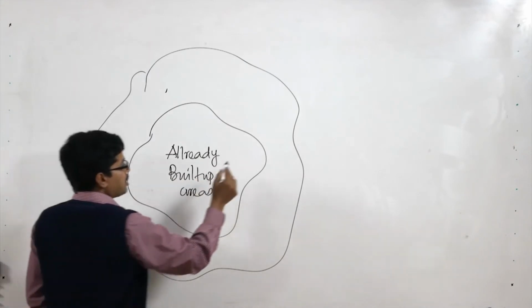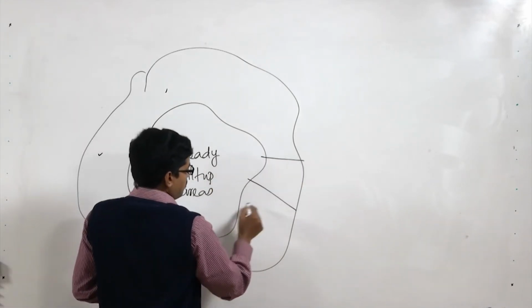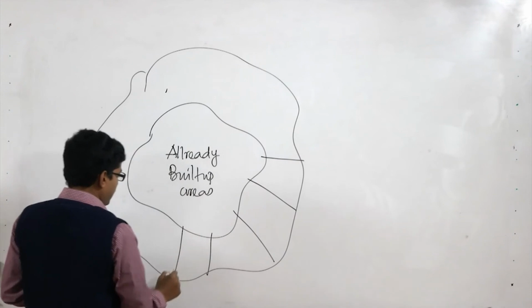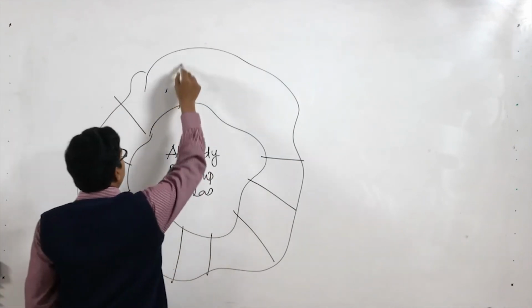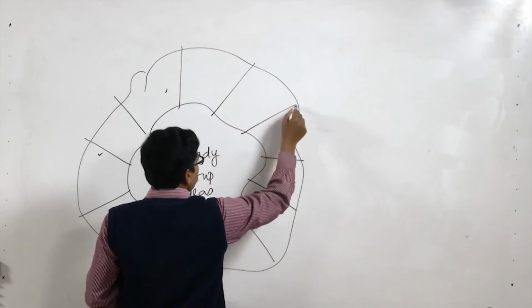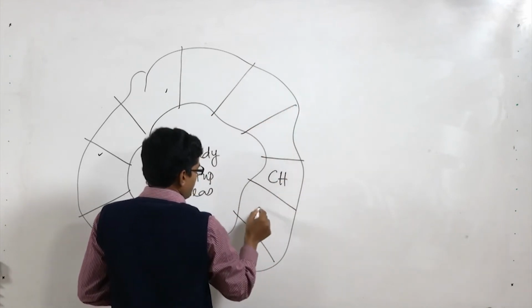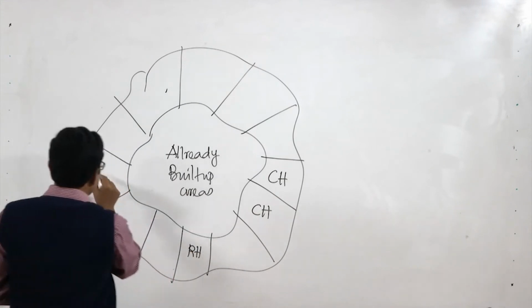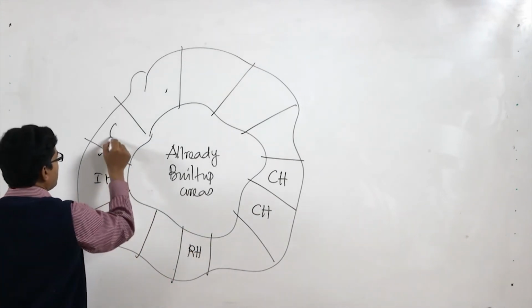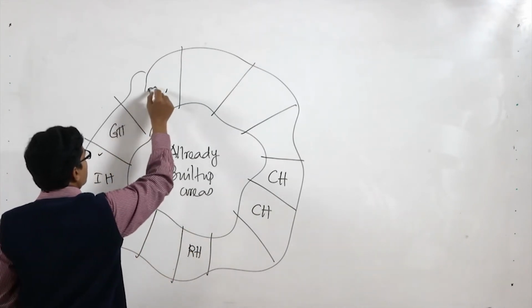As per the housing strategy, the major land pockets are already identified. For example, these are going to be cooperative housing, rental housing, institutional housing, or simply group housing, or plotted housing.